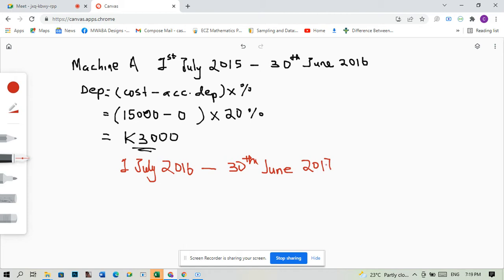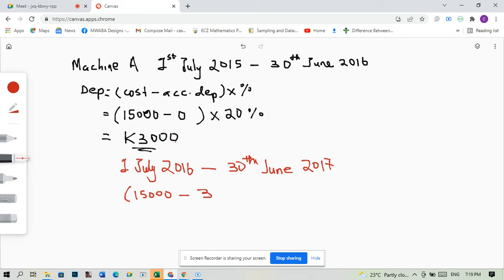First, let's calculate the depreciation for this year. Again, it's cost minus accumulated depreciation. In this case, we'll say 15,000 minus 3,000.